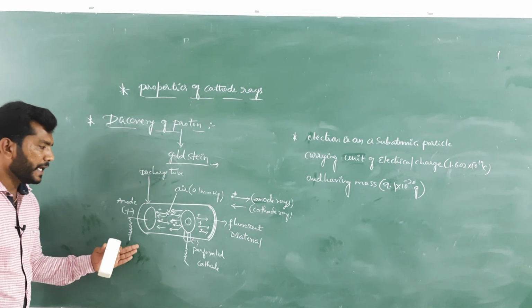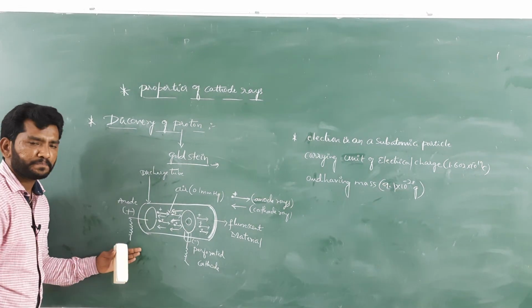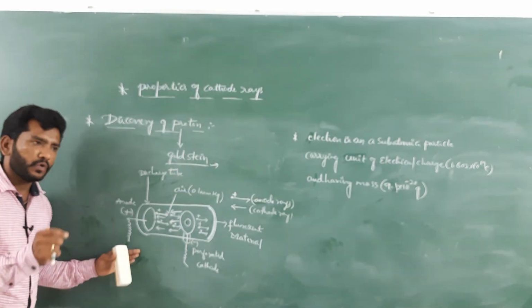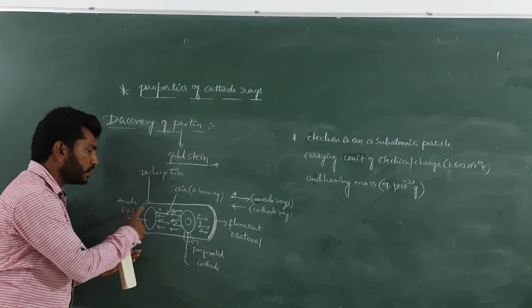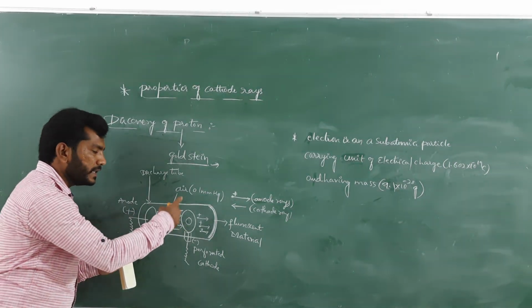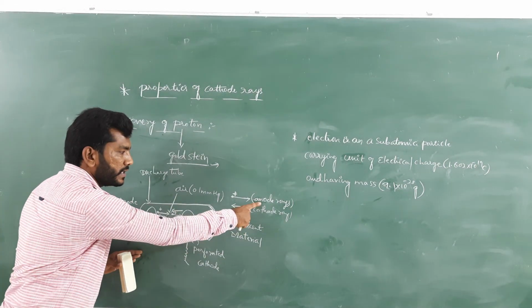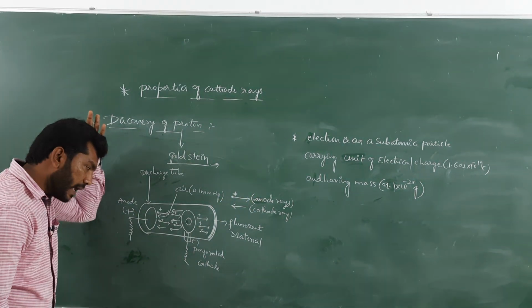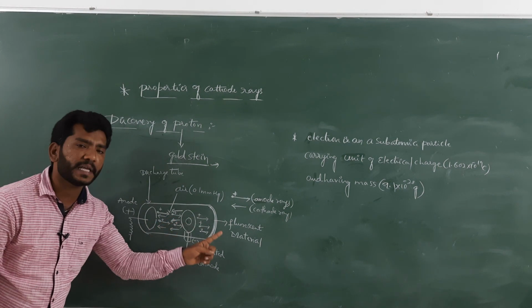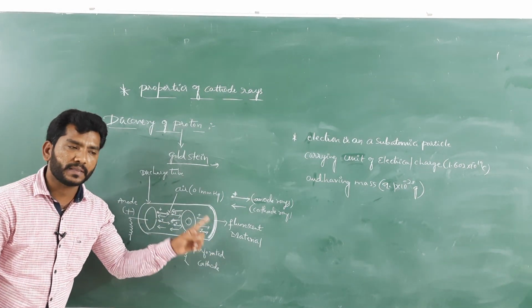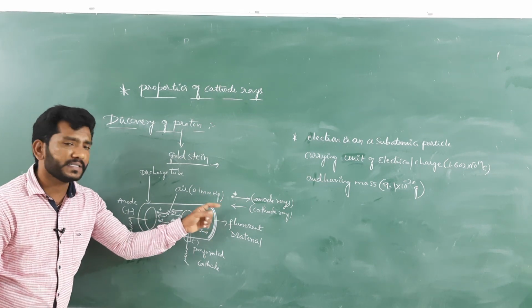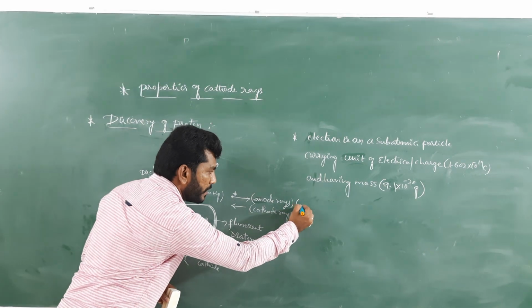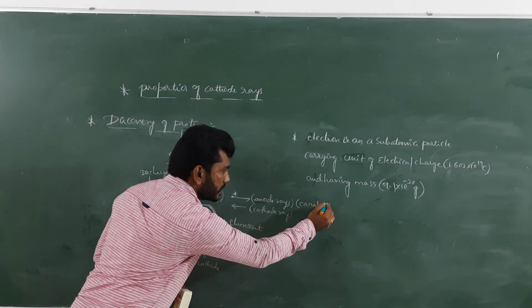Okay, so thereby we came to know that in this experiment there must be some invisible rays traveling from the anode to the cathode, and we can call these rays anode rays, and we can also call them canal rays. Why? Because these anode rays travel through the perforated cathode, that's why anode rays are called canal rays.